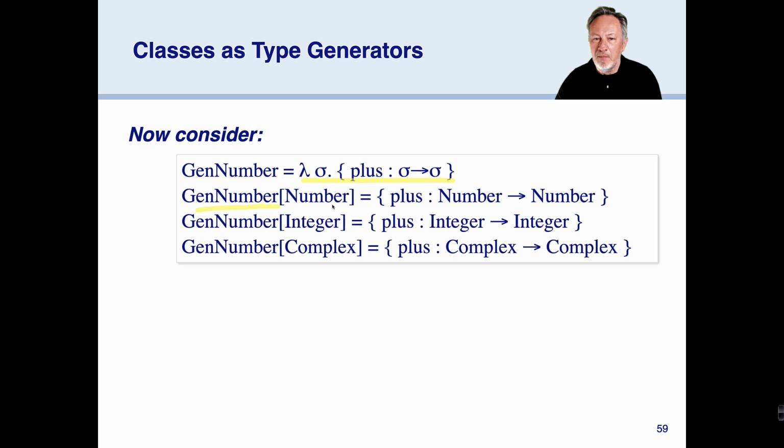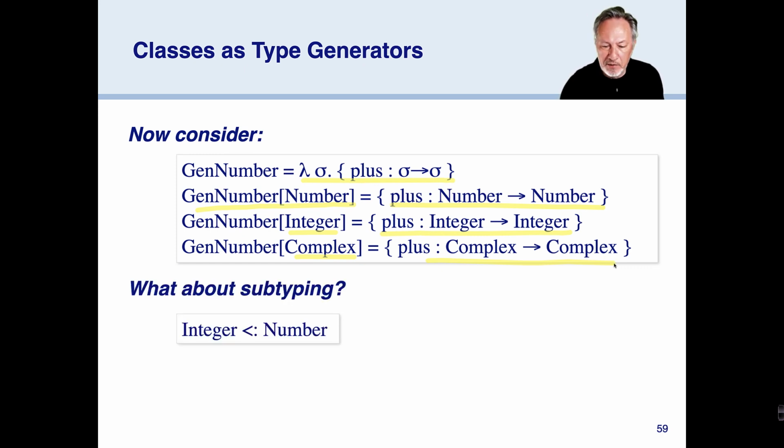If we take gen number and plug in number, which is going to be a certain kind of a fixed point, then we'll get this guy. If we plug in integer, however, then the sigmas are just going to be bound to integer rather than to number. And if we plug in a complex, then we'll get plus working with complex numbers. That sounds much better. But that's not subtyping, that's generation.